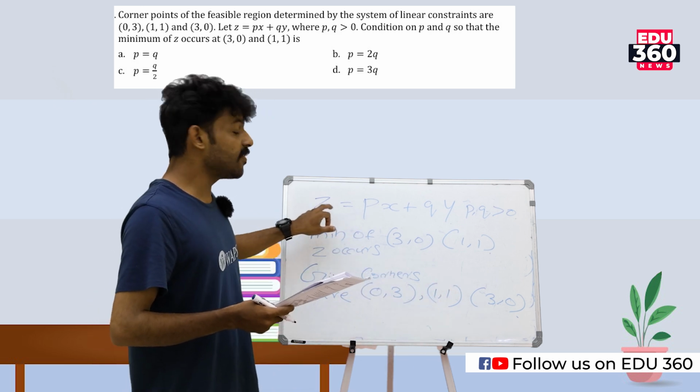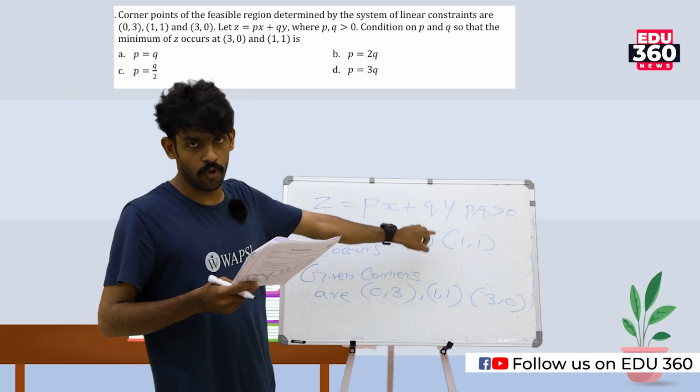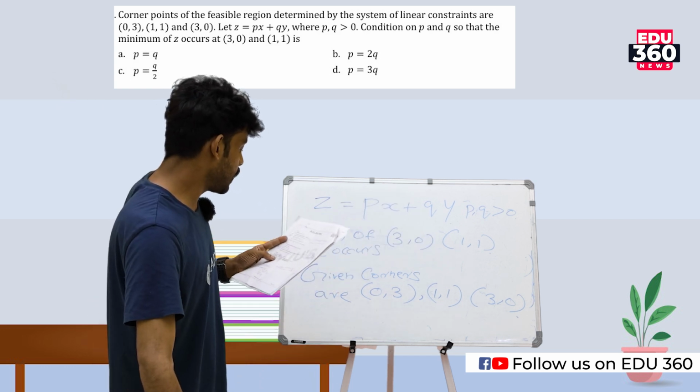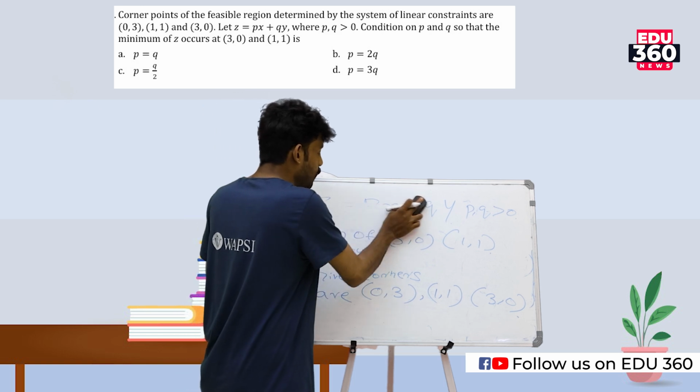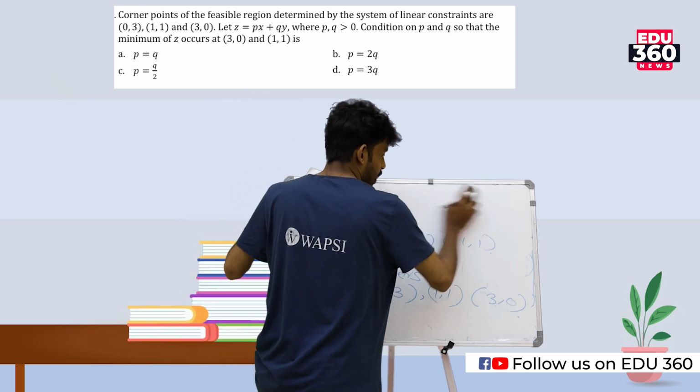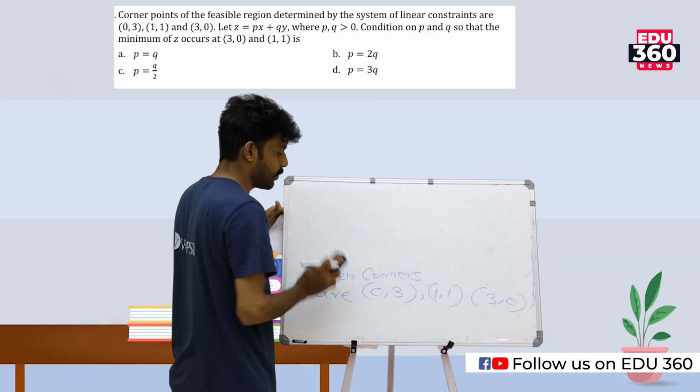It's already given that Z is equal to Px plus Qy. So we can find the values of Z at (3, 0) and (1, 1).